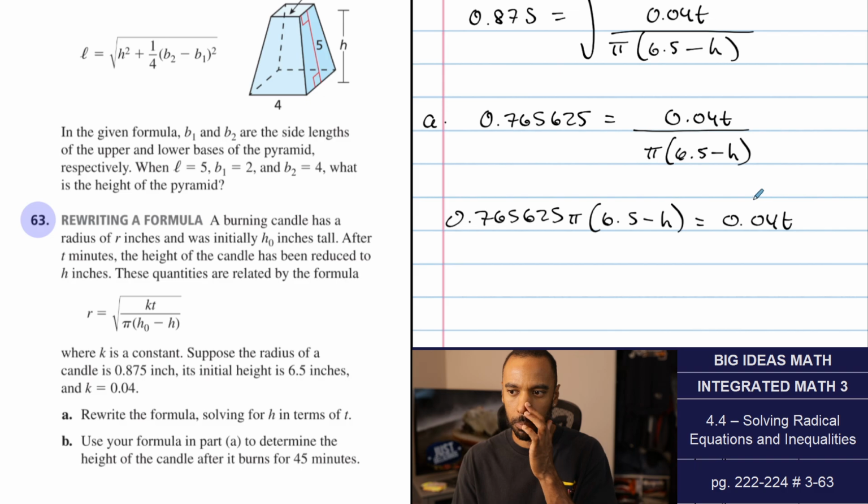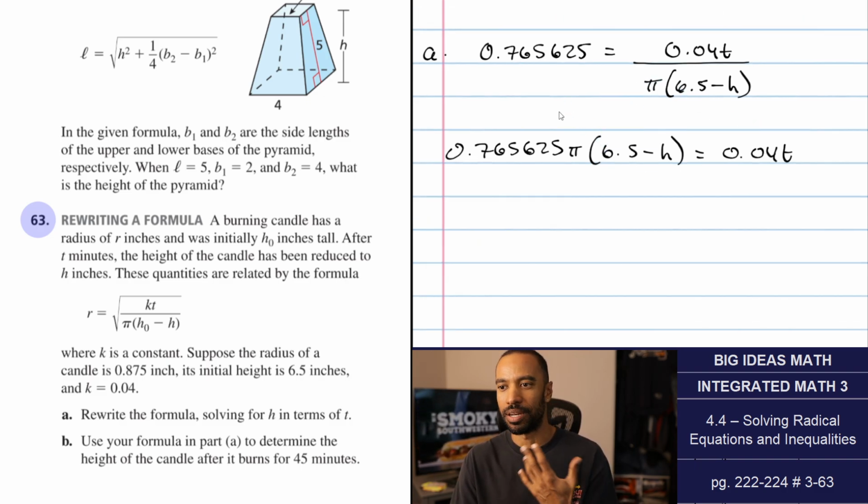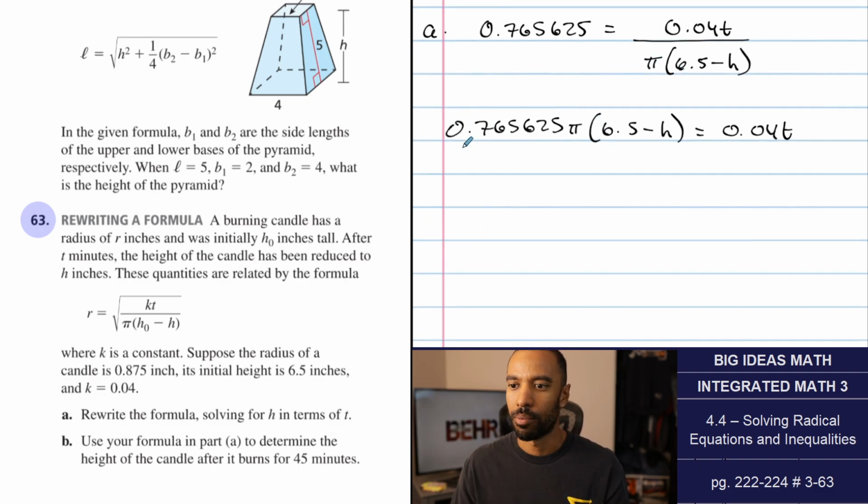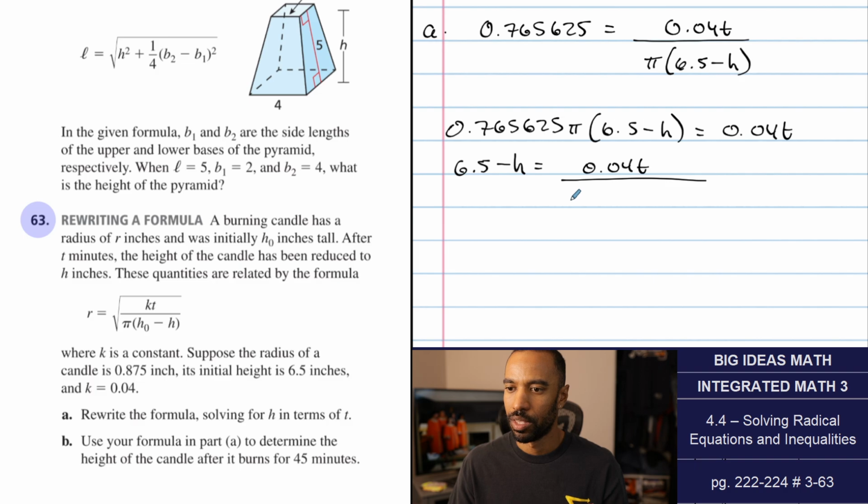Now, it's really about switching places. Actually, the pi can stay down, but now that I already brought it up, we can just bring it back down. I'm going to divide both sides by this here, and then I'm going to subtract the 6.5 after. So now 6.5 minus h equals 0.04t over 0.765625 pi.